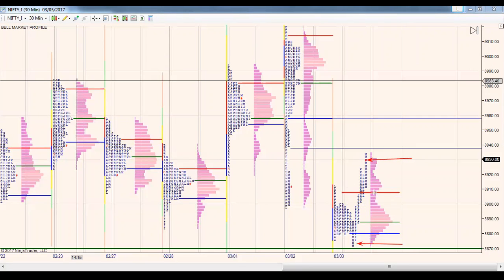So my exit was, first, the high for the day, and second, I covered some at the close because I did not want to carry the position forward. So I think that is all for today.